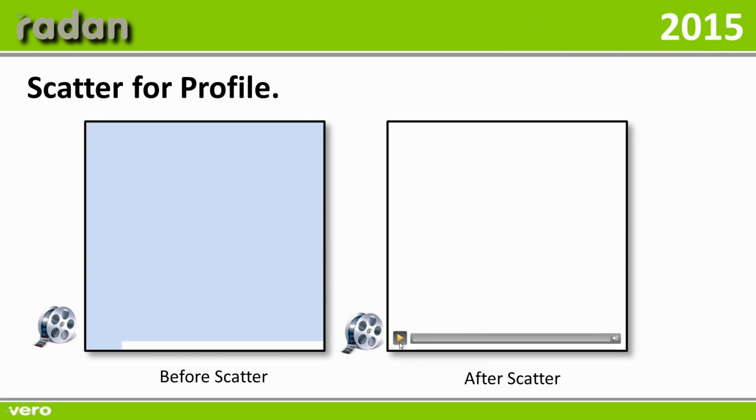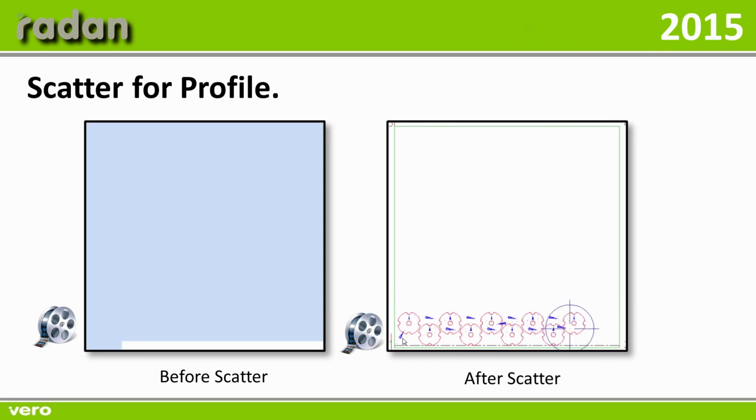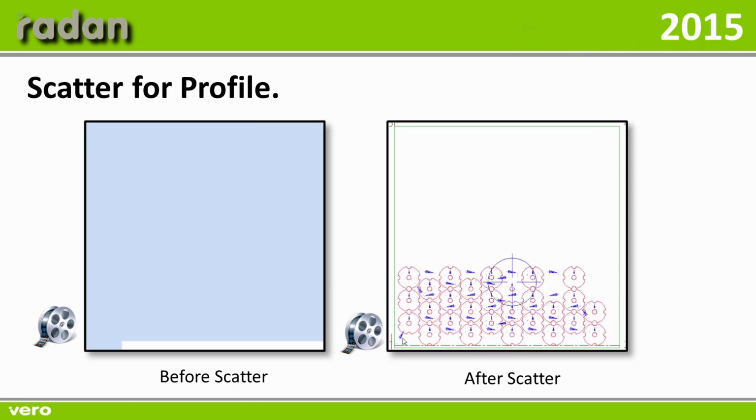Let's run that same program but enable the scatter command. And what you will see is that alternative parts are being cut. So it is skipping at least one part. Now this is useful for heat avoidance and heat buildup in the sheet.